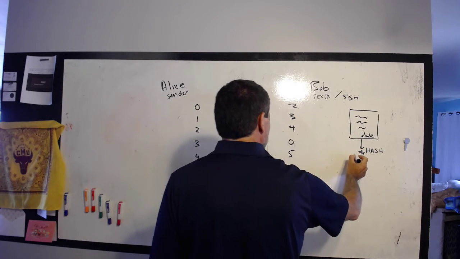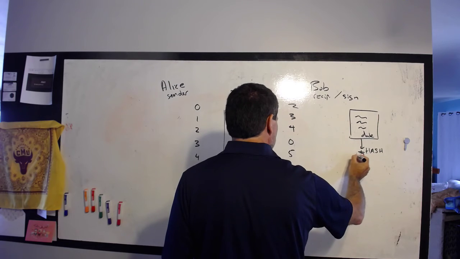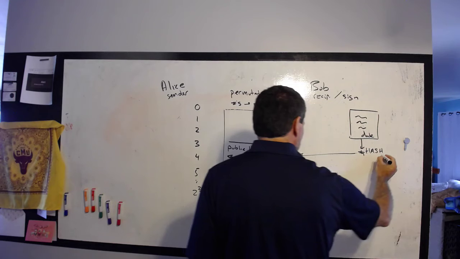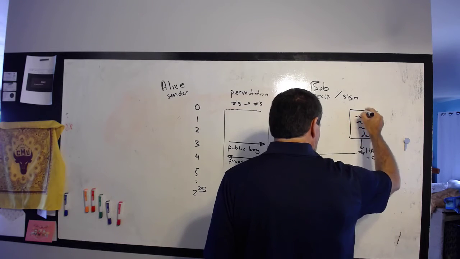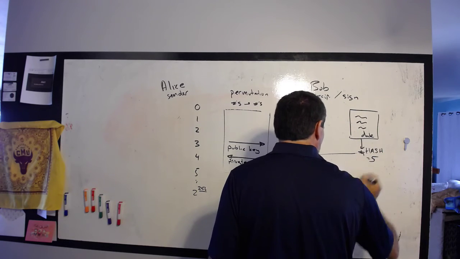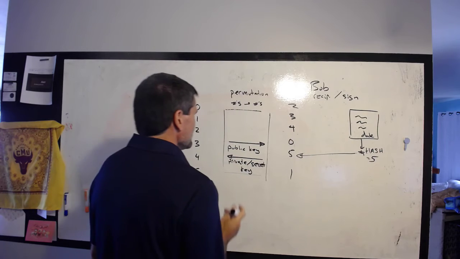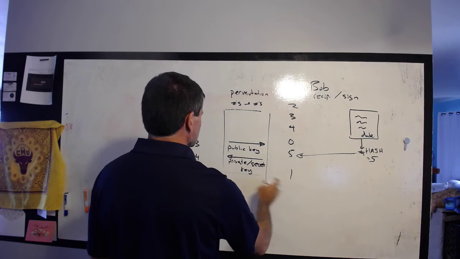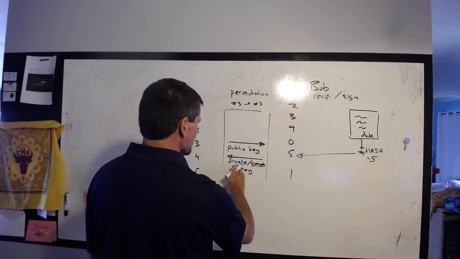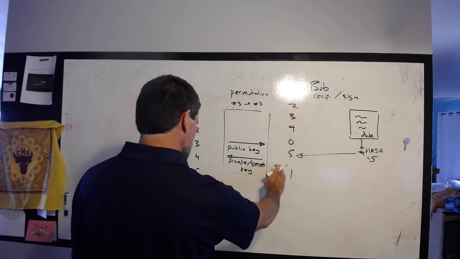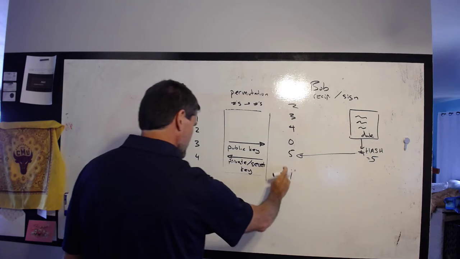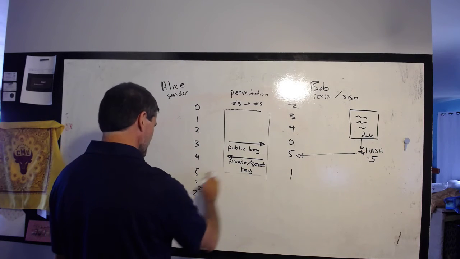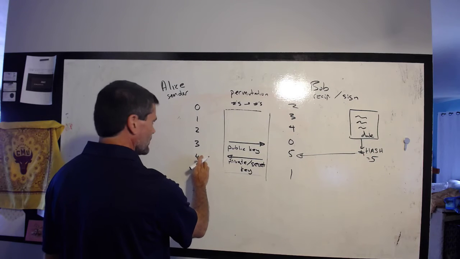You take that hash, and that turns into one of these numbers on this side. Let's say for this specific document the hash turns out to be the number 5. Bob has his private key, which means he can run this thing backwards, so instead of 5 going to the public key, that's the second one from the bottom, so that one goes to 4.